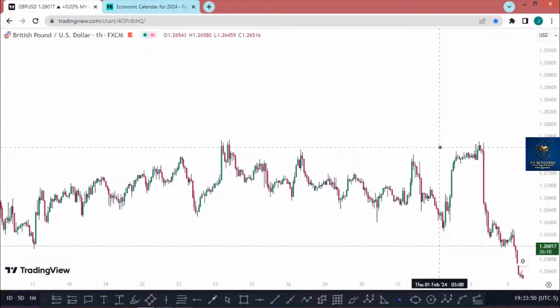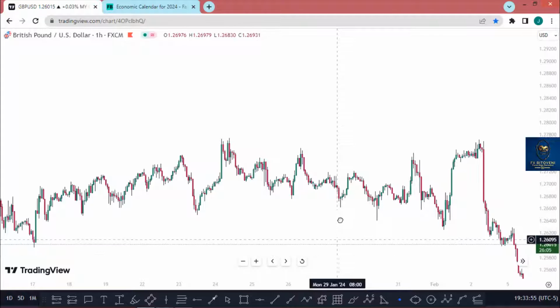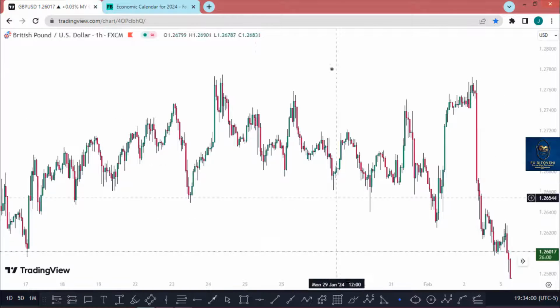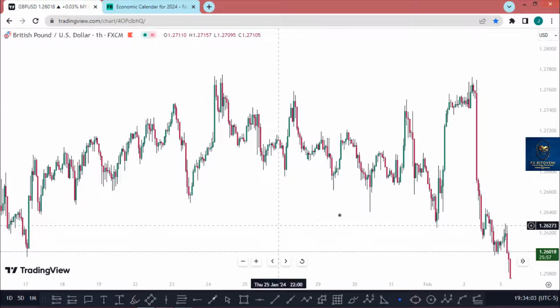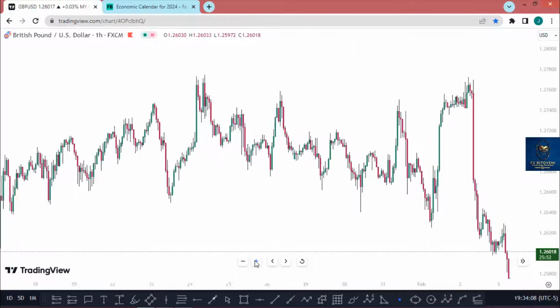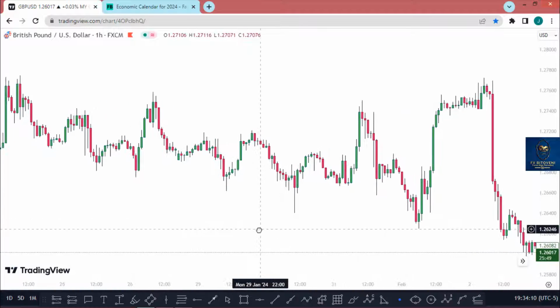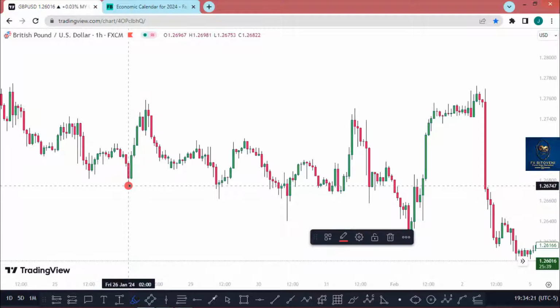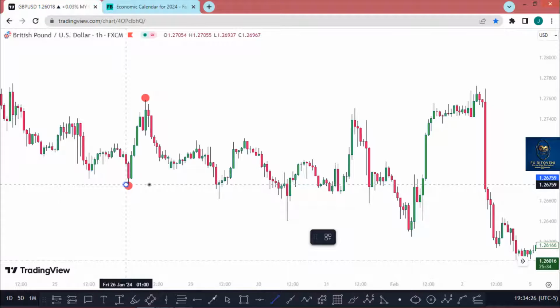So let's say this is GBP USD. If I tell you to show me a range, for example here in this movement, maybe you can start from anywhere you want. Let's say if I give you a chart like this that you see on your screen, you may simply mark highs and lows.